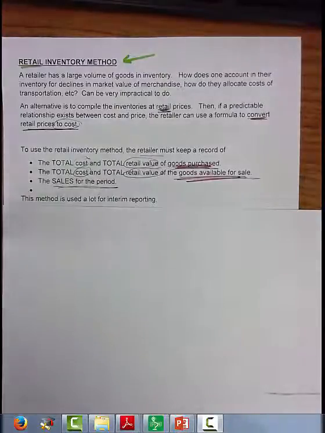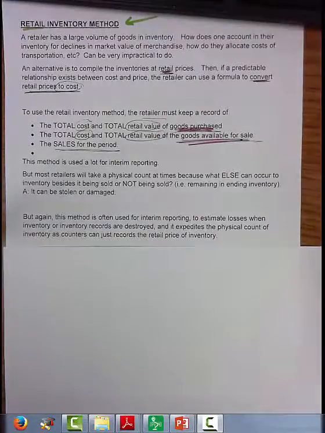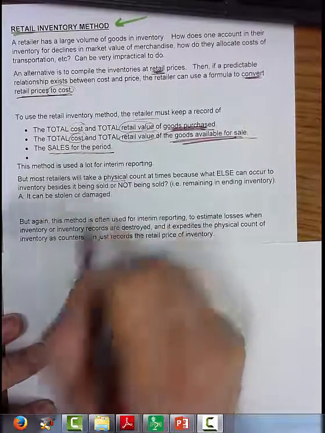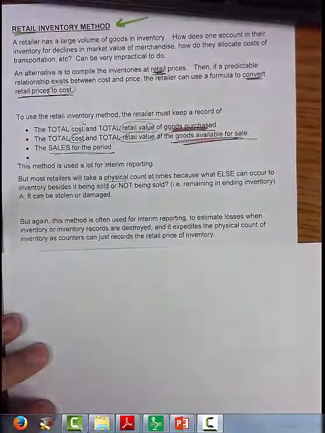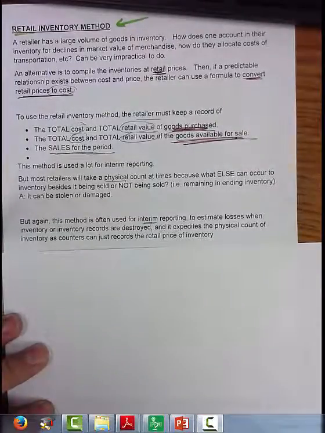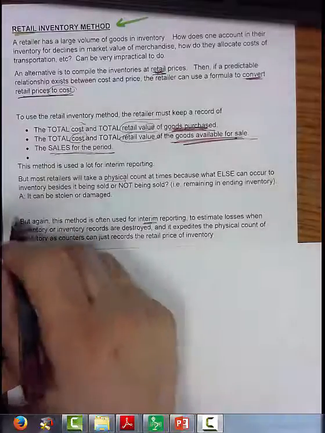So let's look at this. Again, most retailers will take a physical count because there are other things that can happen, and this is used a lot for interim reporting. Let me elaborate on one more aspect.